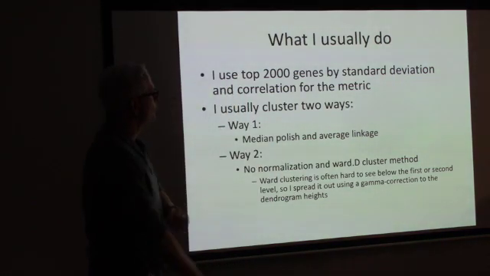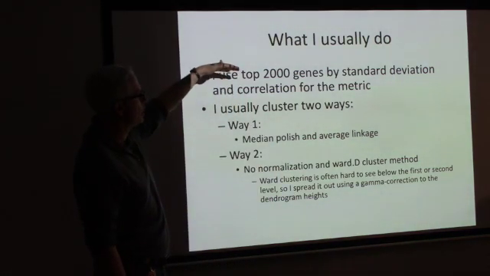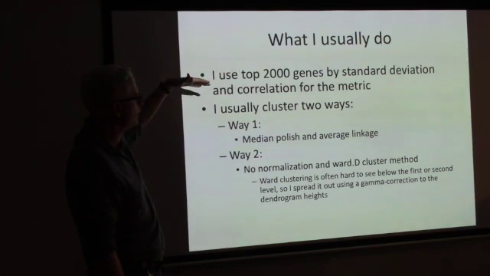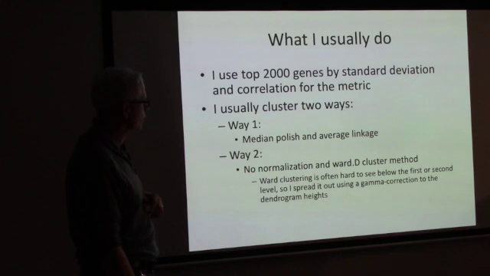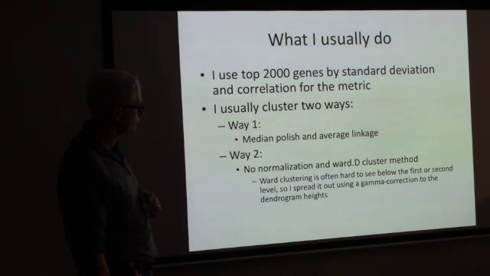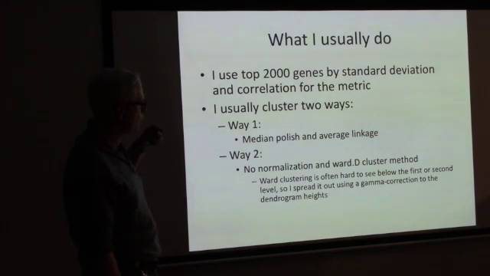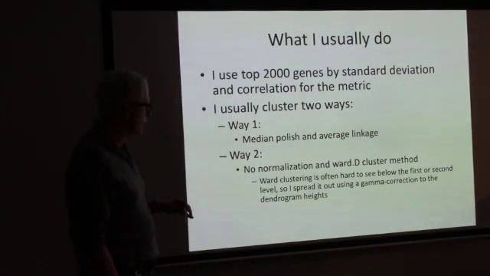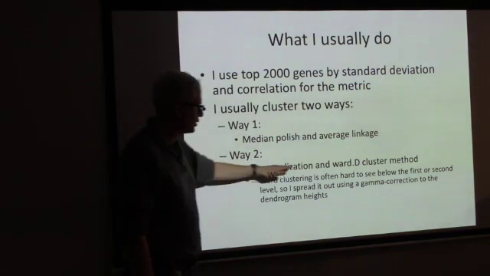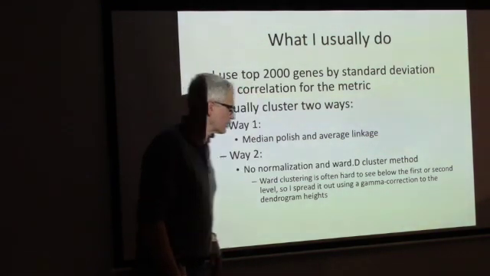So what I usually do is use the top 2,000 genes by standard deviation. I usually use correlation for the metric, except in the example I showed. I usually cluster in two ways. One is I median polish and do average linkage clustering, and the other is I do no normalization and do the Ward clustering method.